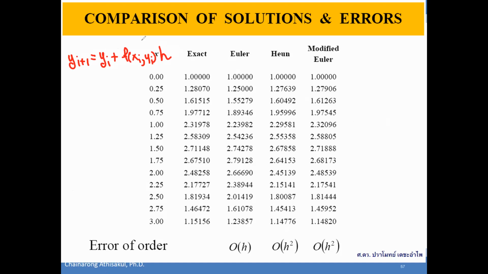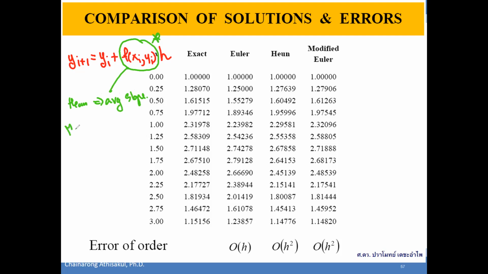And after that, for Heun's and modified Euler, it just changes this function. For Heun's, it uses the average slope. It only changes this.